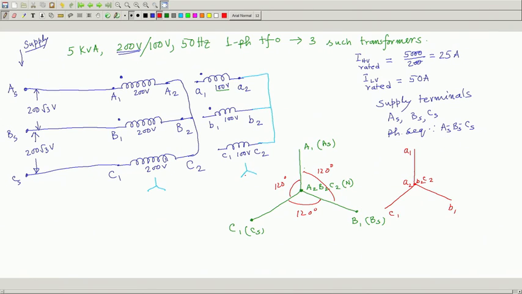And where are the output terminals? Output terminals are here.